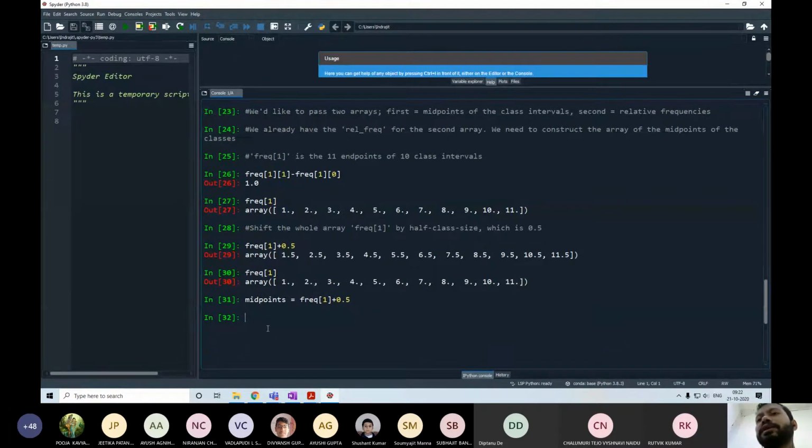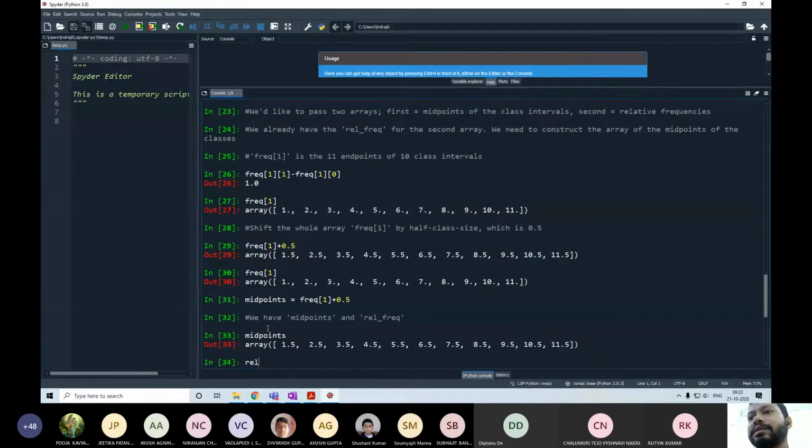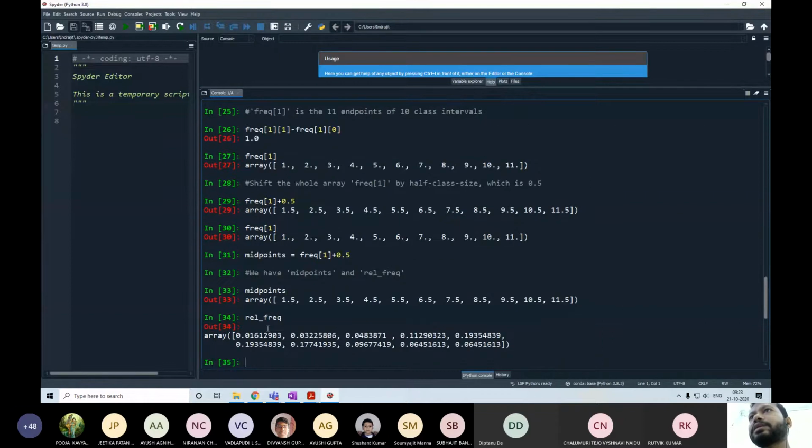So we have two arrays now: midpoints and relative frequency. So you have midpoints, which is this one, and we have relative frequency, which is this one.